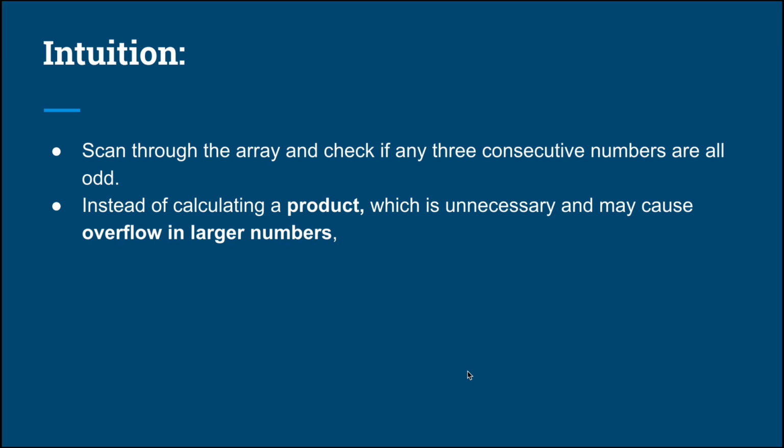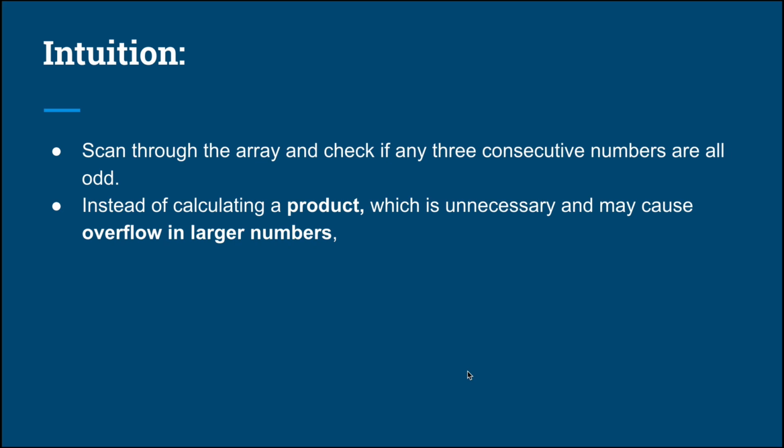So instead of calculating the product, which is unnecessary and may cause overflow with large numbers, how are we going to do it? Which product am I talking about? Let's suppose the three consecutive elements we saw in the last example: 5, 7 and 23, three consecutive elements in the array. If we multiply 5, 7, 23, that number should be odd, and that is why we can say the product of 5, 7, 23 is odd.